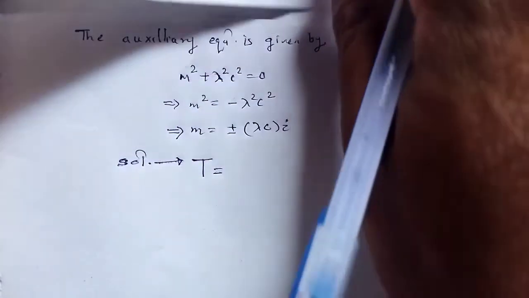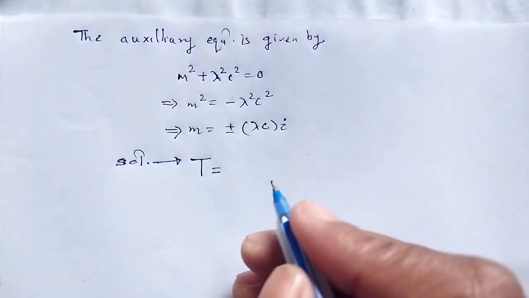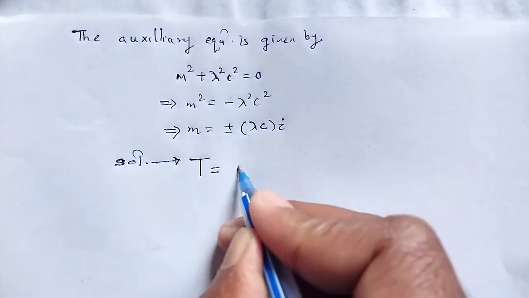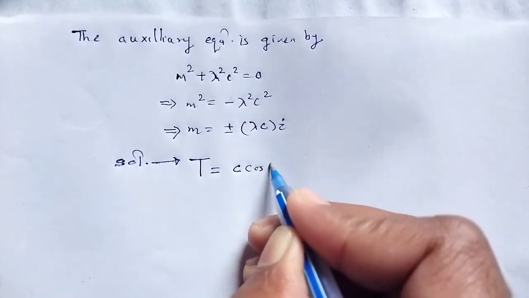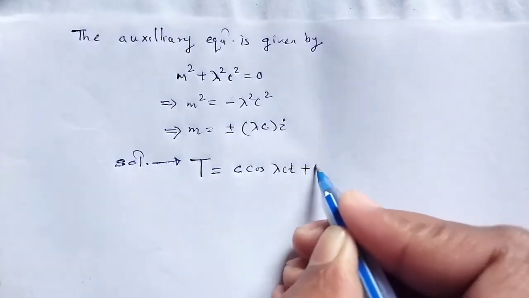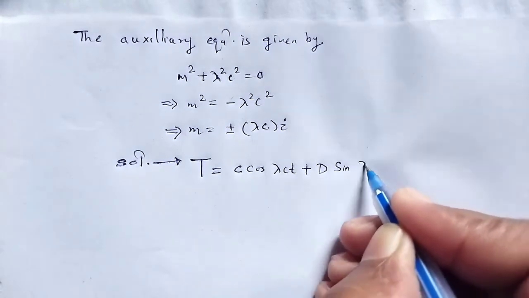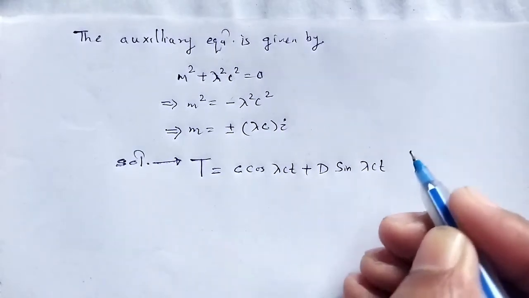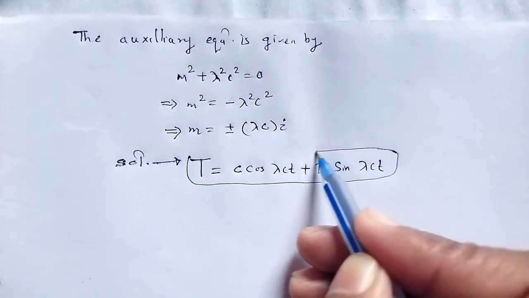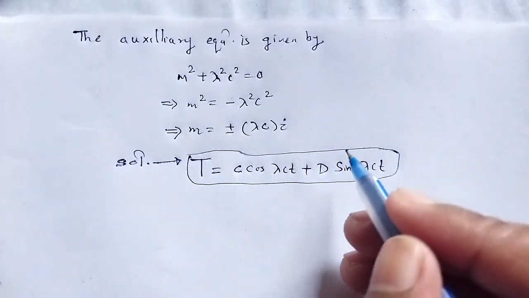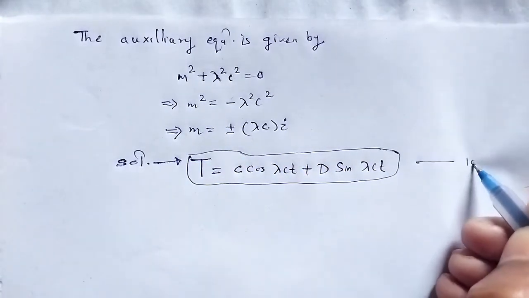Then its solution is T is equal to C cos lambda ct plus D sin lambda ct. These are the solutions, equation number 10.